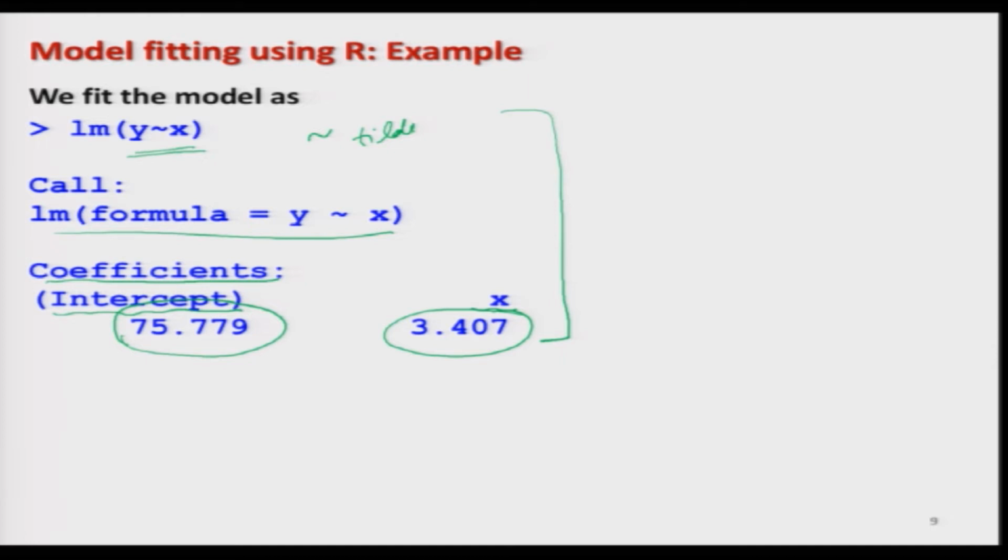tell me one thing, if you have not done the earlier lecture on regression analysis, can you really know what these things are? Somebody may tell you by some experience, okay, this is something like the value of B0 and this value is something like B1. As long as the experiment is nice, you can work on it, but sometimes you will see that these values are not really matching with the experiment's outcome.